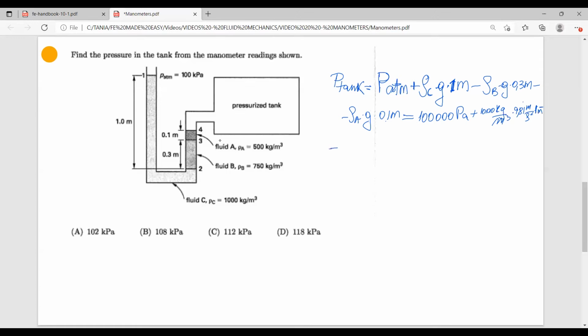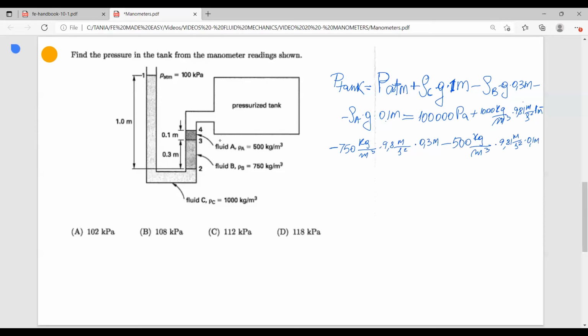Minus, let me try and be more organized this way, the density of fluid B, which is 750 kilograms per meter cubed, times 9.81 meters per second squared times 0.3 meters, and minus fluid A, which is 500 kilograms per meter cubed times 9.81 meters per second squared times 0.1 meters.